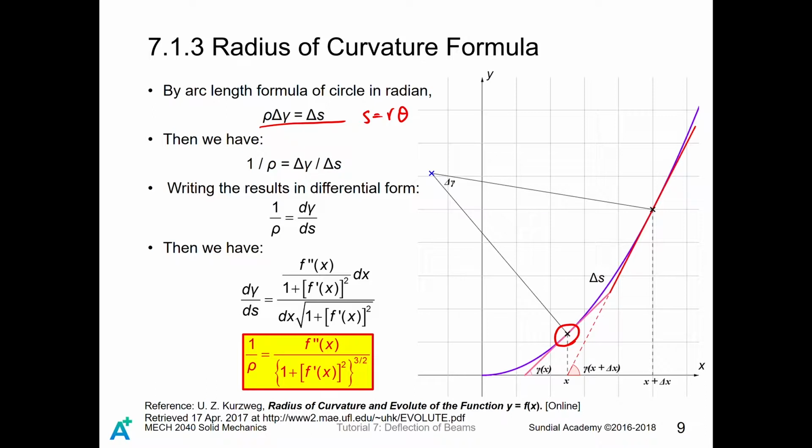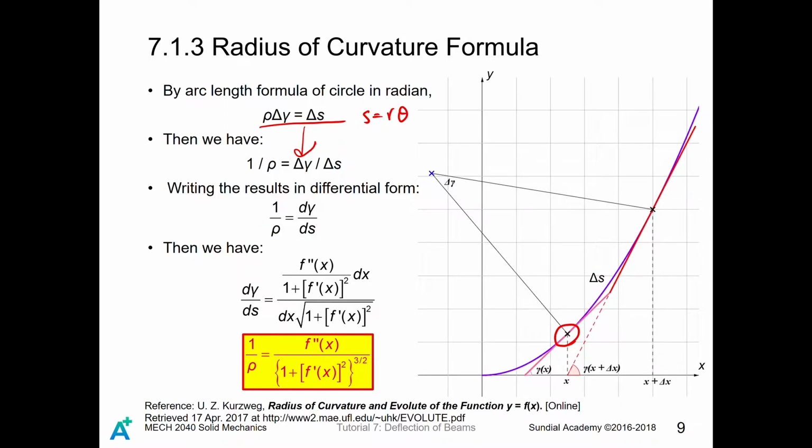Then we try to rewrite this arc length formula in another form, which is we take the reciprocal of the radius and we throw anything to another side. So we rewrite this one to get this one, and finally we write it in the differential form.